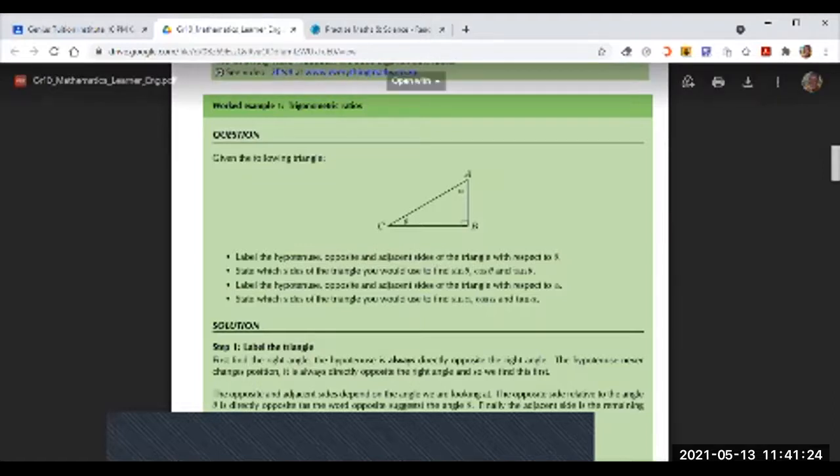The opposite and adjacent sides must be labeled with respect to the angle theta. That is this angle. But you can also label them in connection with alpha. So this is theta, and that one is alpha. Right.